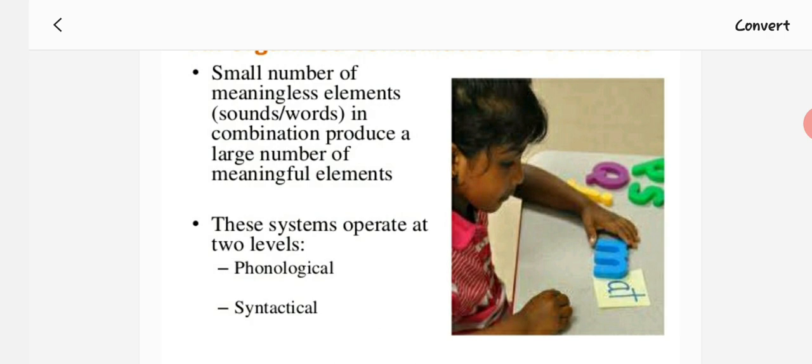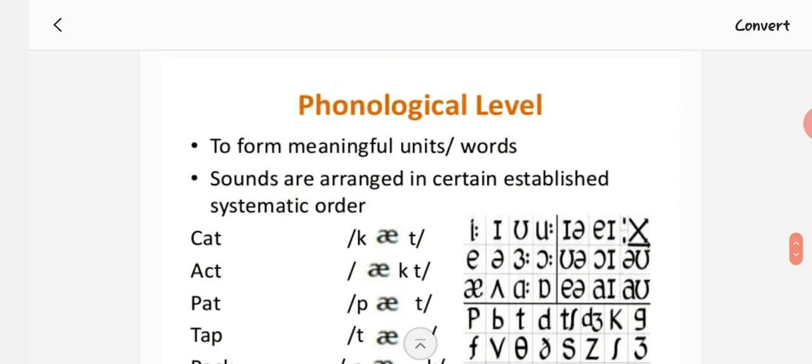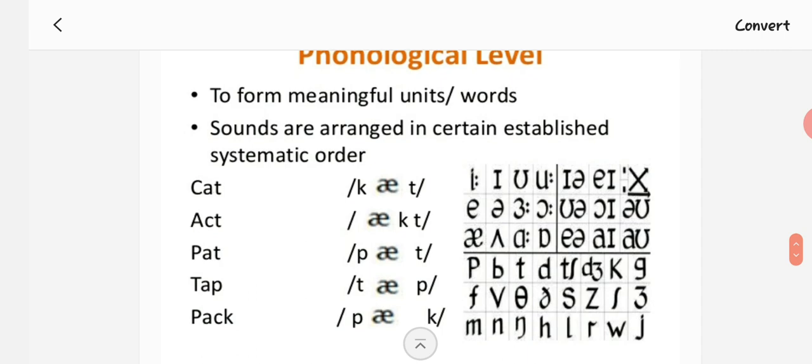The phonological level is basically phonetics, that is, how to utter the speech sounds. Similarly, to form meaningful units or words, sounds are arranged in certain established systems, like how to produce the words cat, act, pat, tap, pack, etc.